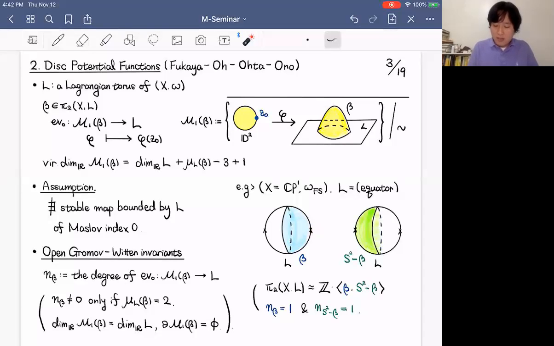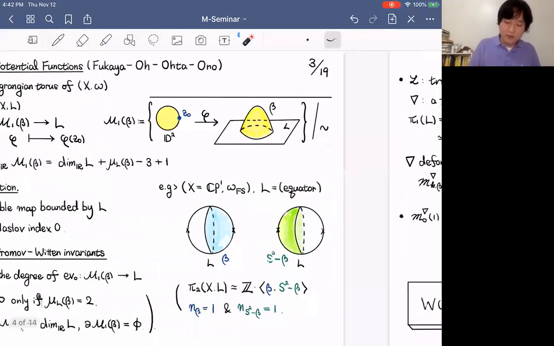As you can see, we have only one disk here. So the counting invariant for this disk is 1, and for the other one it is also 1. Of course, we need to suitably choose a spin structure to orient the moduli space, but let me not go into that. So there is some good orientation of it.